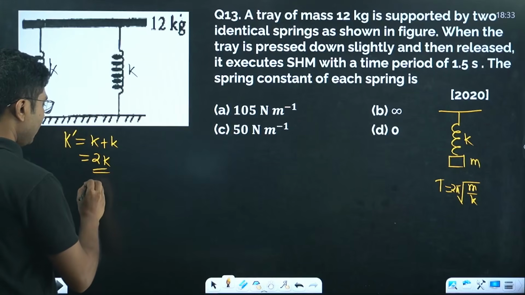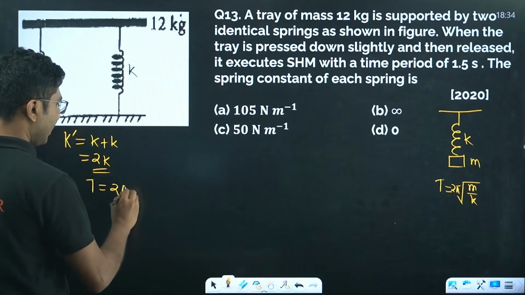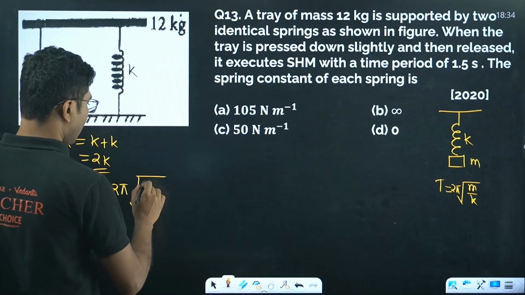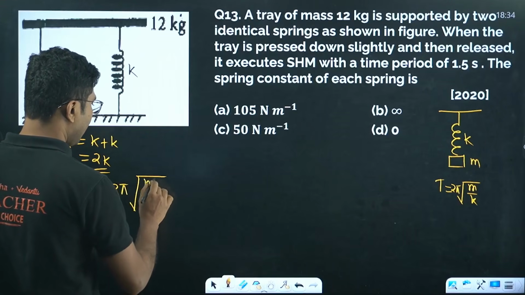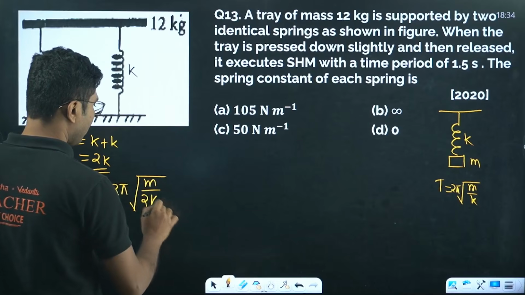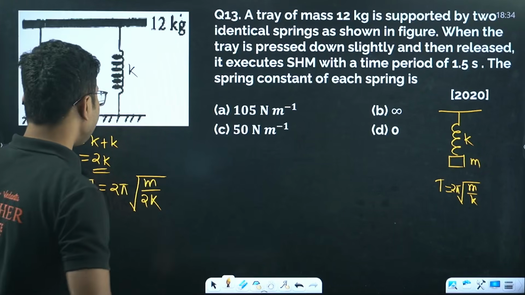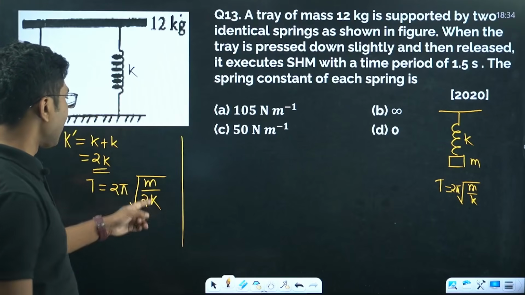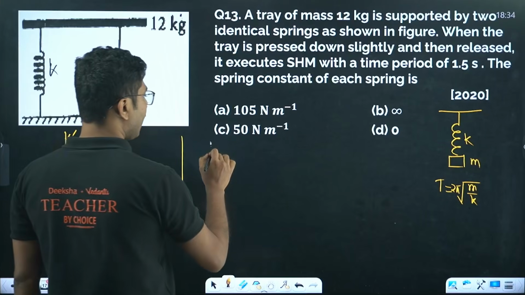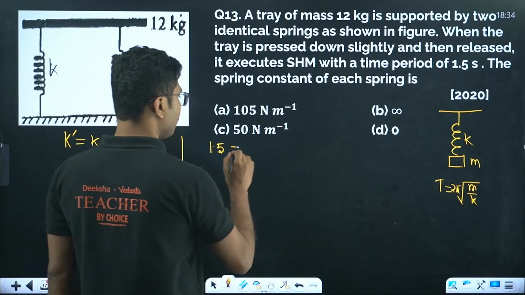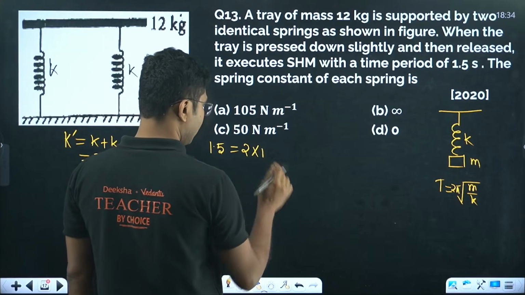Time period will be 2 pi square root of m by 2k. Obviously mass is given here, time period is given here, so you just need to calculate the value of k. So time period is 1.5, 1.5 equals 2 into 3.14.